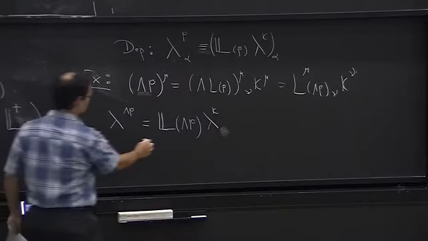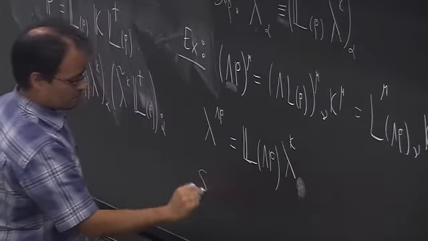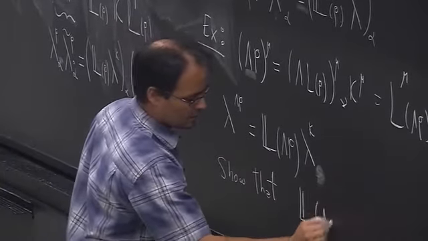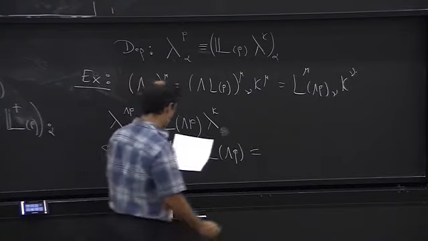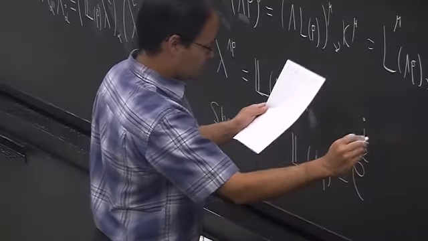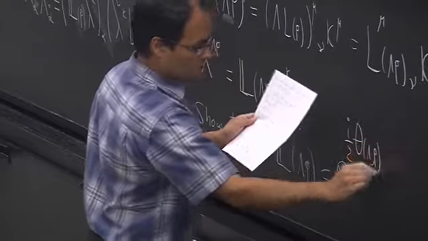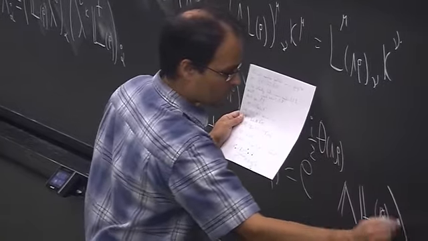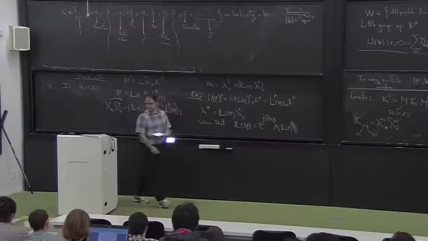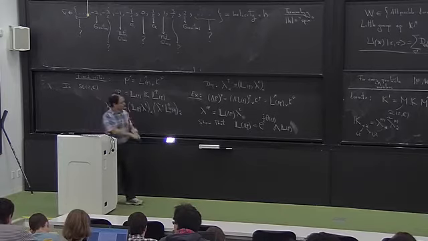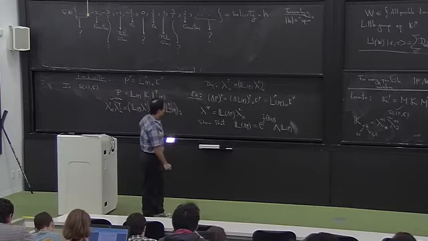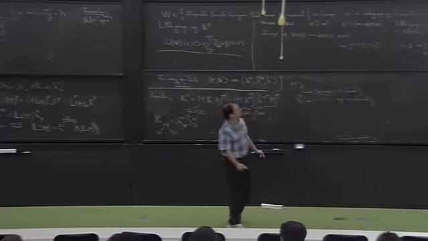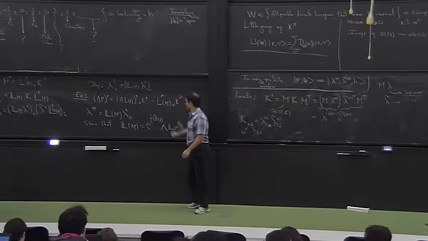So the exercise is to show that this object precisely becomes this guy, where this theta is the same theta that we had over there, associated to the corresponding Lorentz transformation.